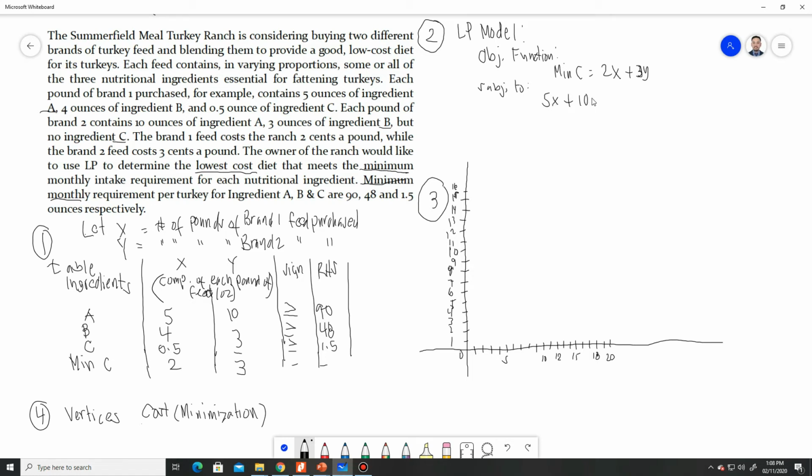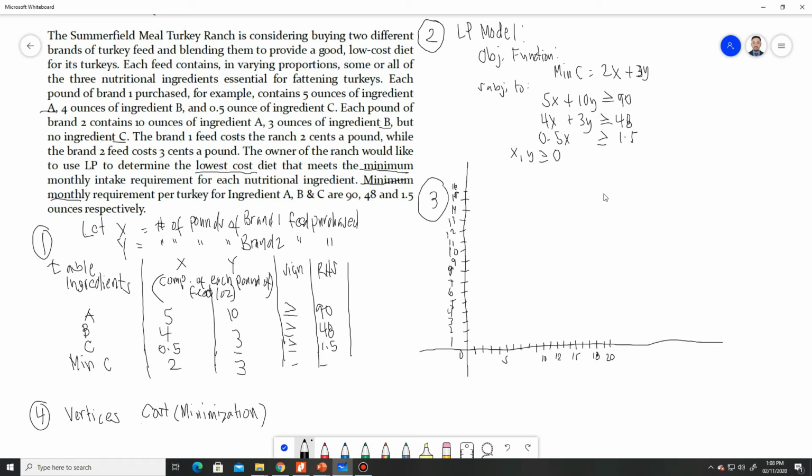For ingredient A, for ingredient B, and for ingredient C. And then our non-negativity will be x and y should be greater than or equal to 0.